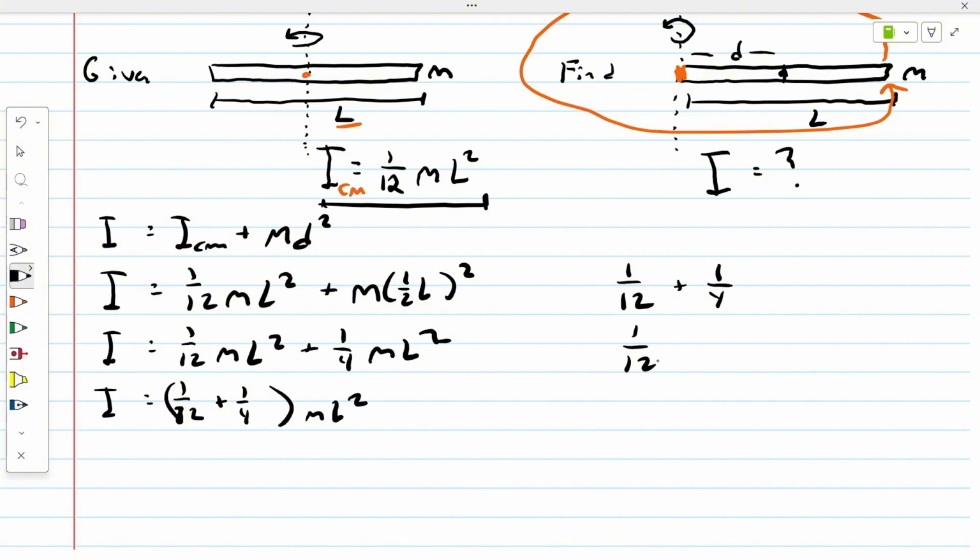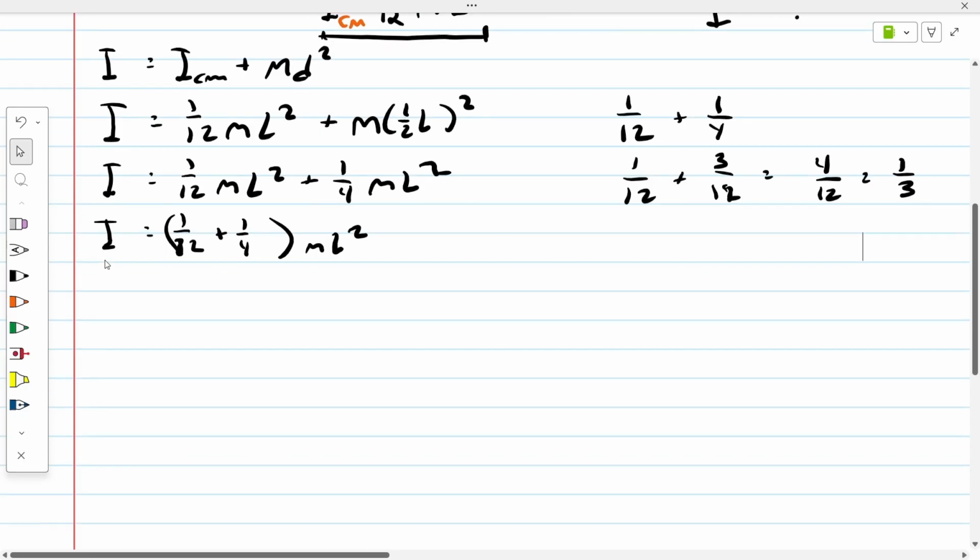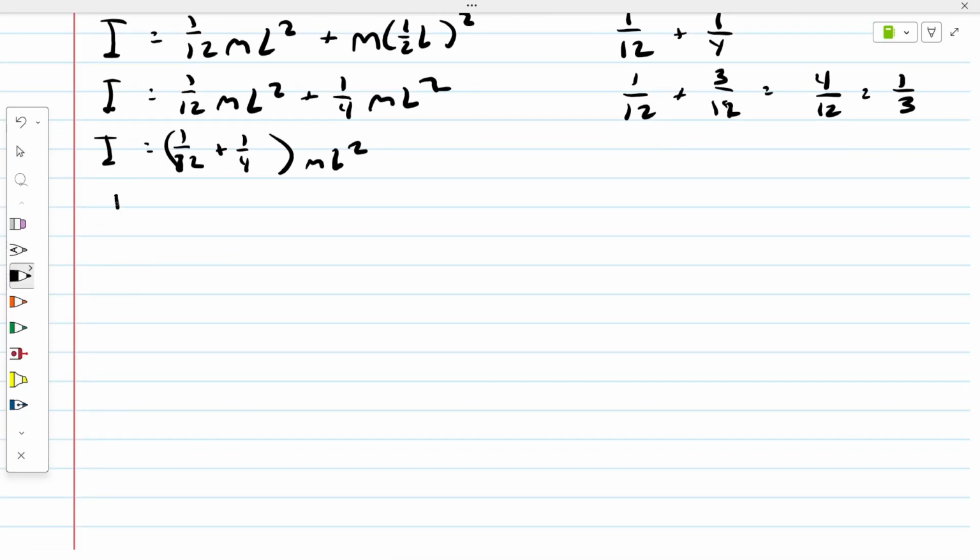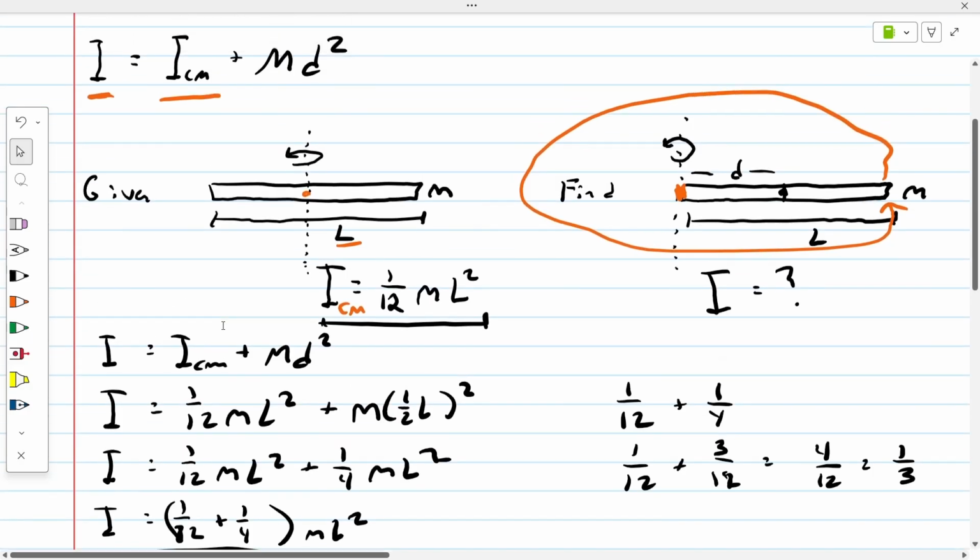So 1/12 plus 3/12 equals 4/12, which equals 1/3. Okay, and so this final rotational inertia is just going to equal 1/3 ml squared.